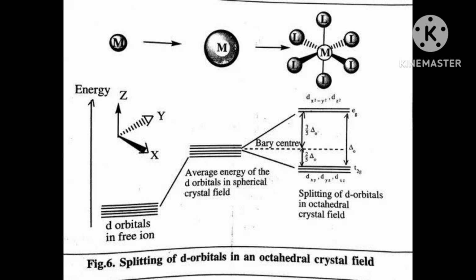Iodide ion is less than bromide ion. Bromide ion is less than thiocyanide SCN minus, and that is less than chloride.